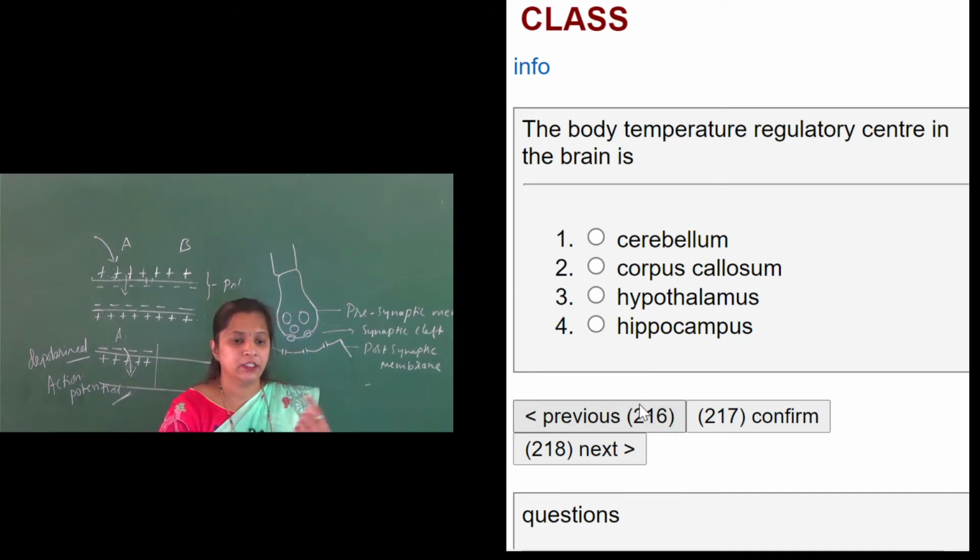This limbic system along with the hypothalamus controls certain human behavior like sexual behavior and expression of emotional reactions. So the body temperature regulatory center in the brain is the hypothalamus. The third option is correct. The next question.